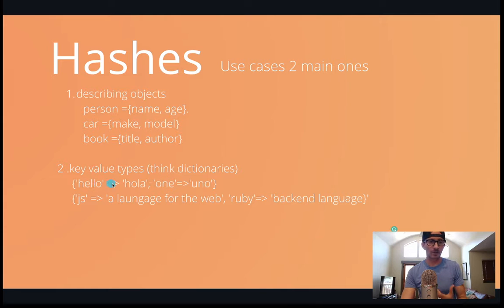So you could have hello going to hola, and then one going to uno. You could have a hash of programming languages, where the key was the name of the language, and then the value was a description. So there's another use case of hashes. There's more, but I'd say these are the two you're going to see the majority of the time.